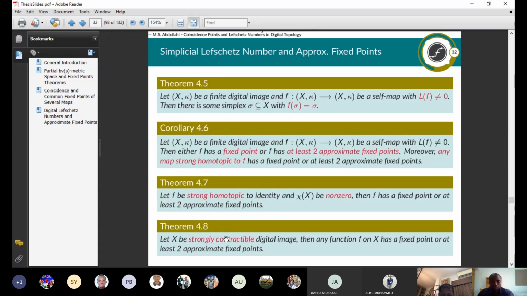Maybe I will give an example of a function that contracts to a single point; maybe it will be easier for people to understand. Okay.